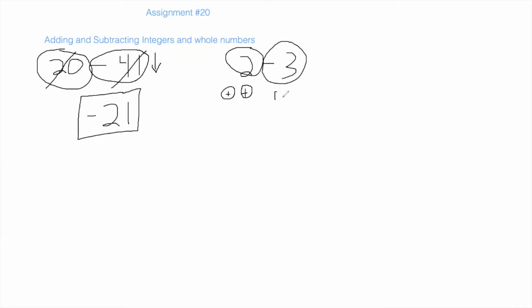Then you draw 3 negative circles: negative, negative, negative. Two of these are going to cancel out 2 of these, and you're left with 1 negative, so negative 1.